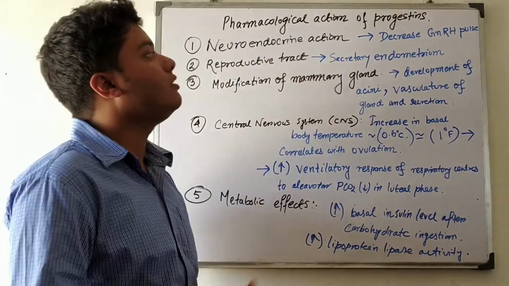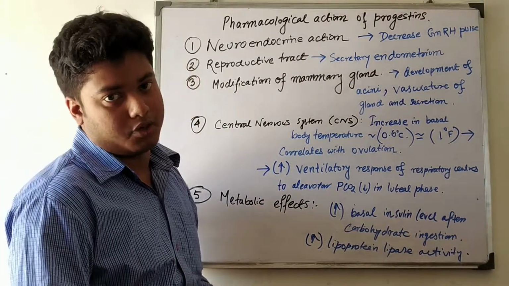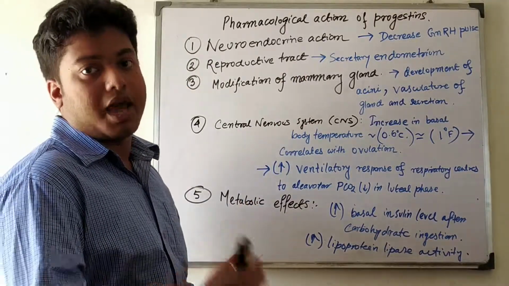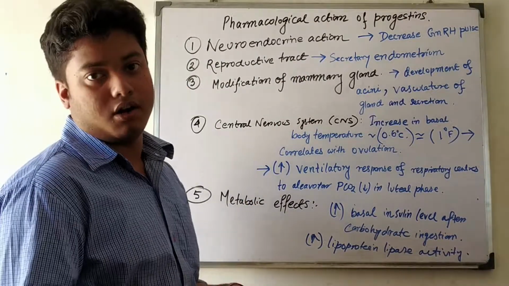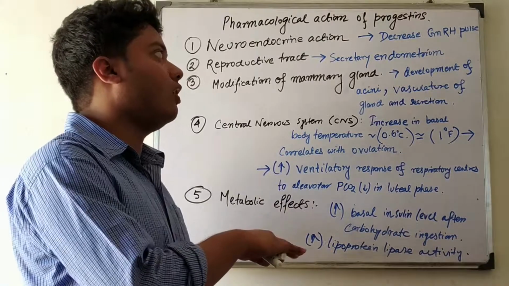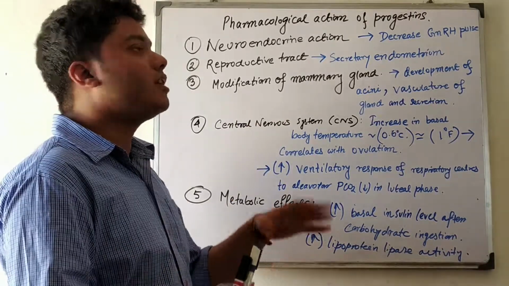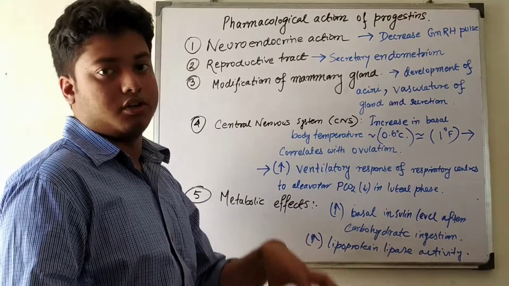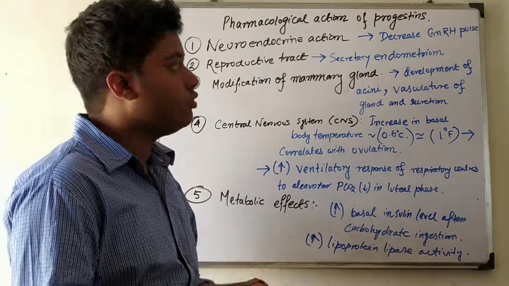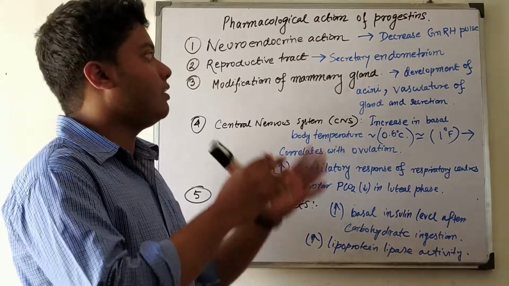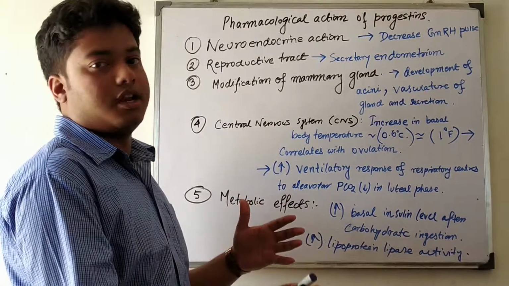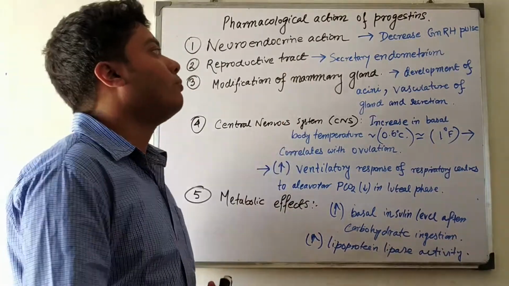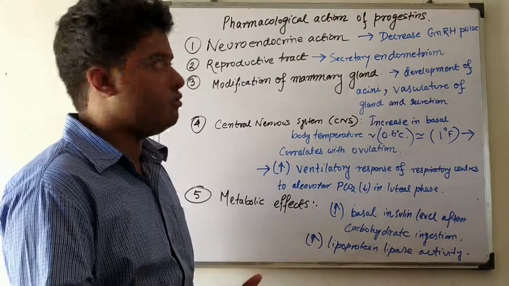The decrease in the GnRH pulse is very important because it converts the estrogen-primed endometrial wall into a secretory state, which is important to maintain the pregnancy and also to revert that secretory state back to a natural menstruation cycle. That means it will promote the new menstruation cycle.